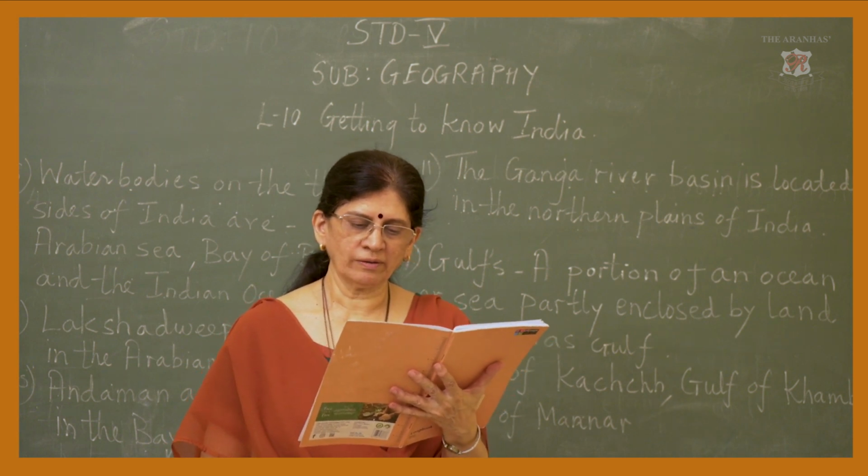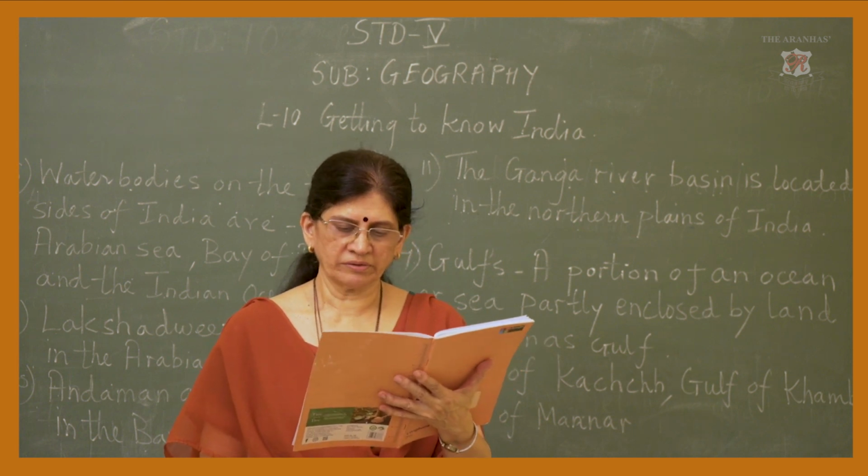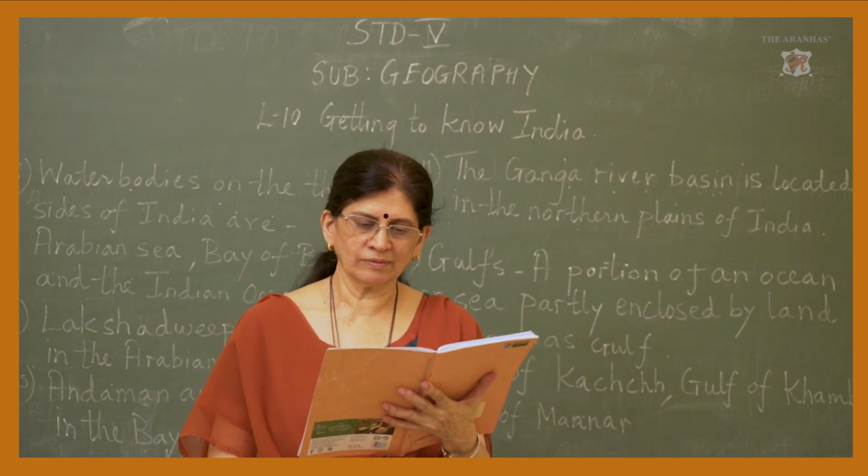So there are 28 states and 9 union territories. I will be explaining that now with the help of a map.